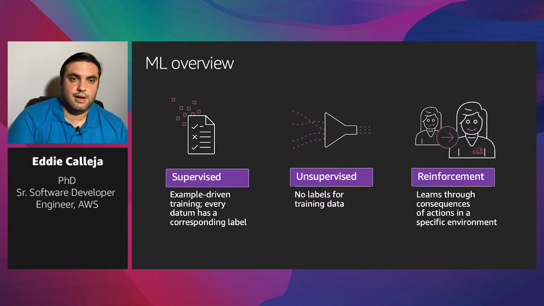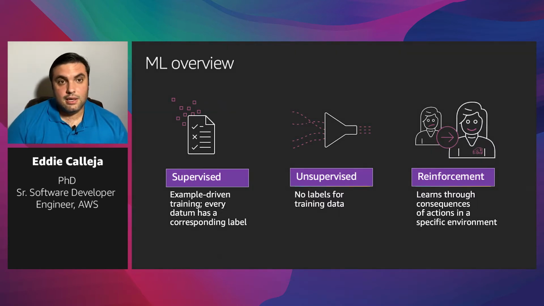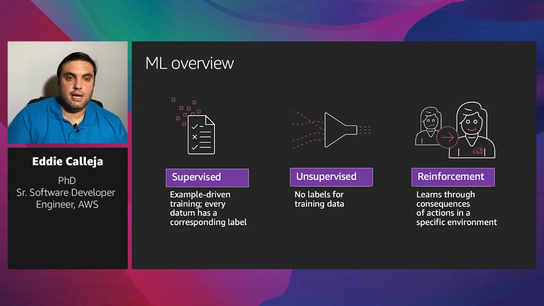Then there's unsupervised learning. And here is a case where you have data and it's unlabeled, but you want the learning algorithm to learn the structure of the data. So you still need lots and lots of data, but really the unsupervised learning algorithm is learning, for example, anomaly detection.